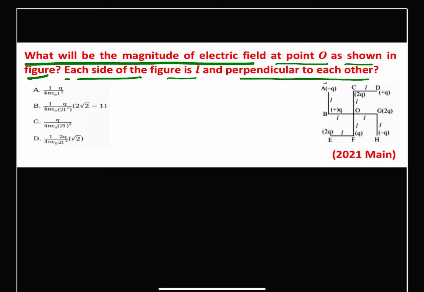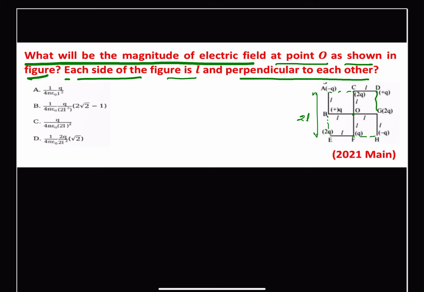So if we join them completely, we are going to get some kind of square whose total length will be 2L. And we have to find out the electric field at the origin, at point O, for various values of charges which are placed at all the vertices.